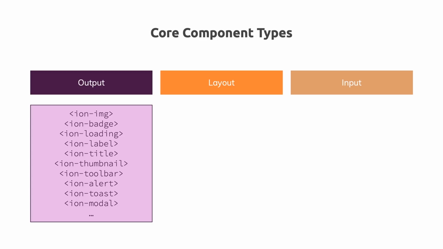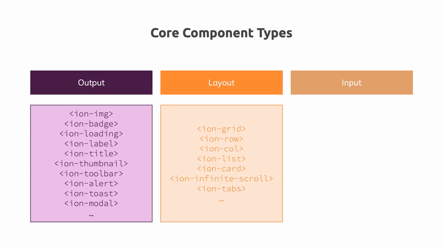Layout components are not directly themselves visible, but their effect is visible because they basically allow us to structure content. Things like Ion Grid, which we haven't used yet, but which we'll use in a second, Ion List, Ion Tabs. So basically components that sometimes also have their visible parts like Ion Card, but which also are important for grouping things together, ordering elements in a certain way.